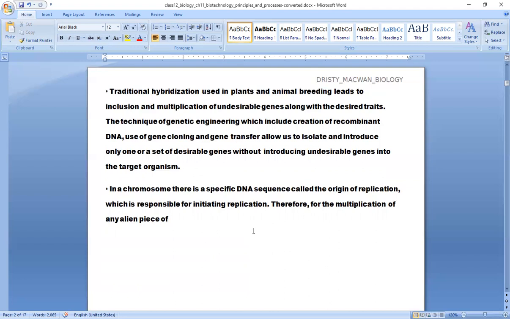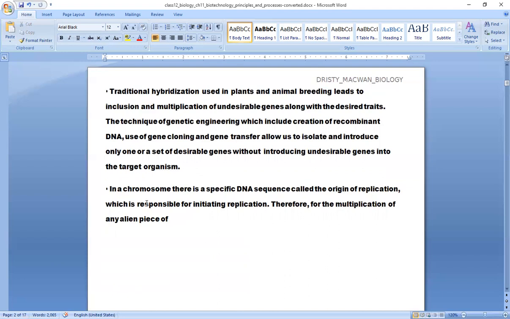So when we look at the chromosome, there is a specific DNA sequence known as the origin of replication, and this particular site is responsible for initiating or starting the process of replication.